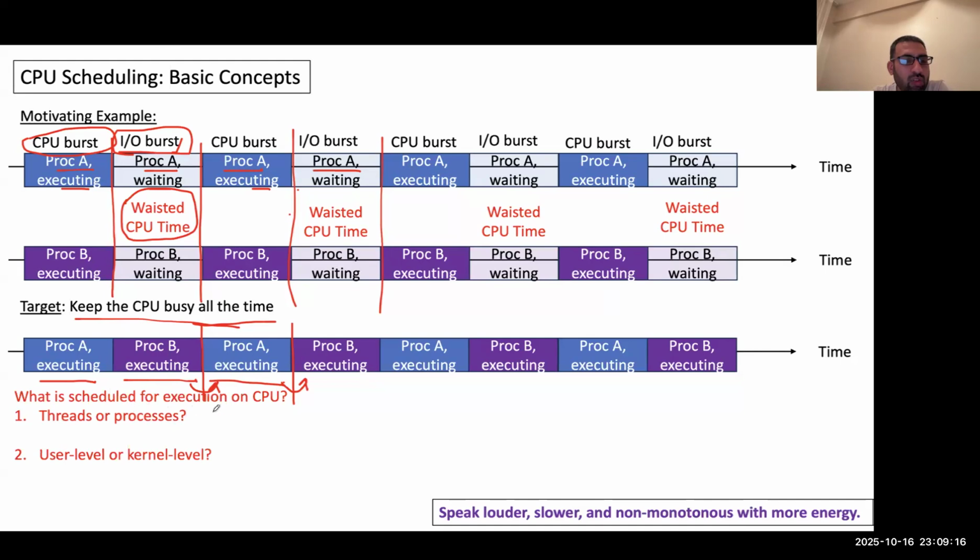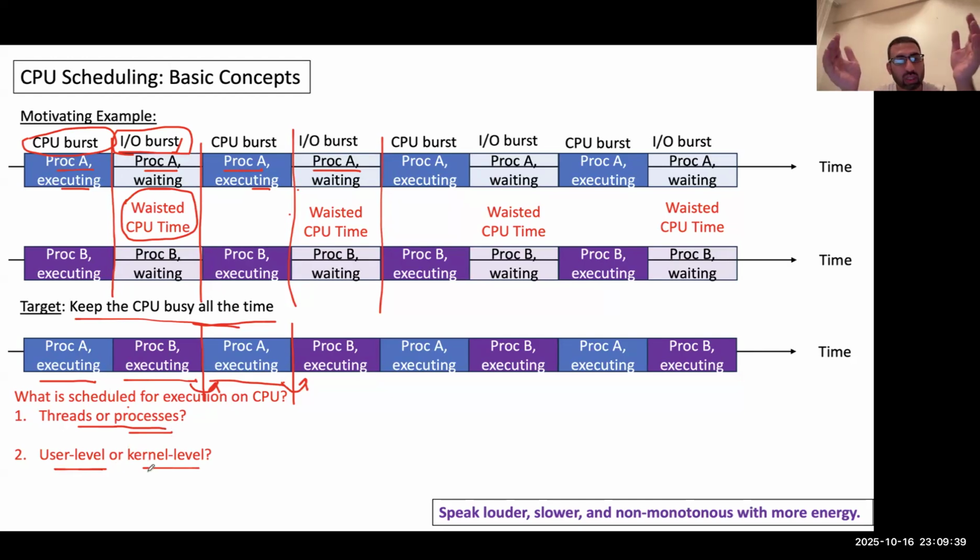So what is scheduled for execution on the CPU? Do we schedule a thread or a process for execution on the CPU? And if you say thread, what type of thread? User level thread or kernel level thread? Or if you say process, what type of process? User level process or kernel level process?